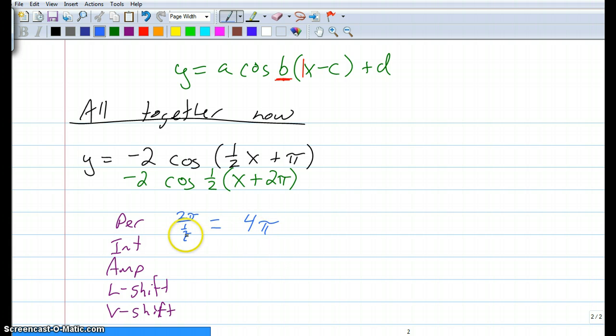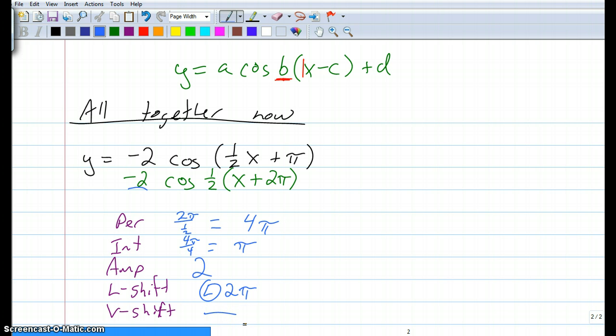That means the interval would be 4 pi divided by 4, which is pi. The amplitude is, now the number in front is -2, but remember, the amplitude is always positive. So the amplitude is 2. The lateral shift, that's the left and right shift. Which way is this going to go, left or right? It's going to go left 2 pi. And the vertical shift is none.